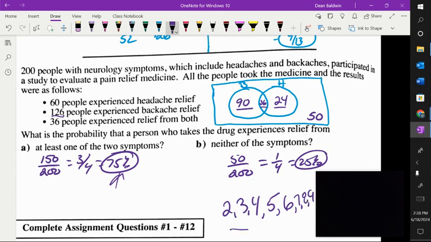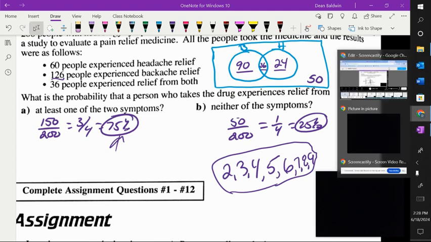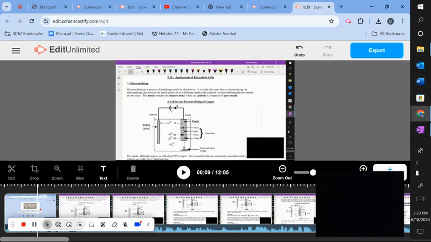So almost all of them, except for 1 and 10. I probably could have just said exclude 1 and 10. Sorry, 2 to 9. Or the complement of 1 and 10. You could just say 2 to 9.